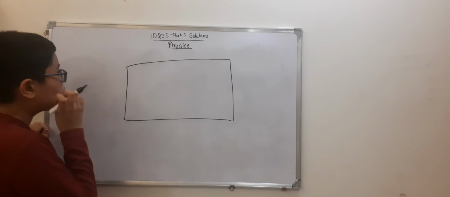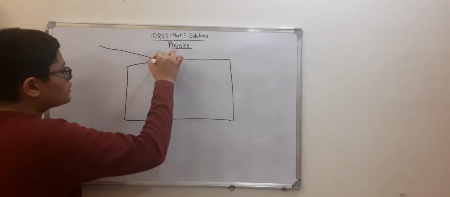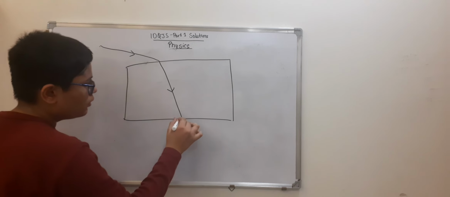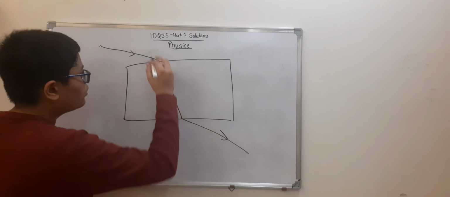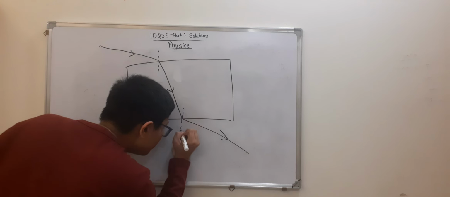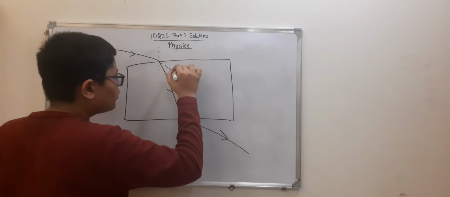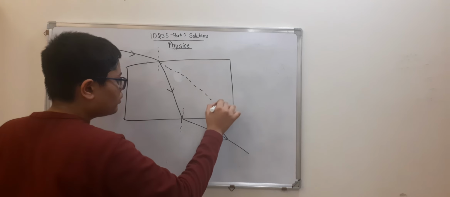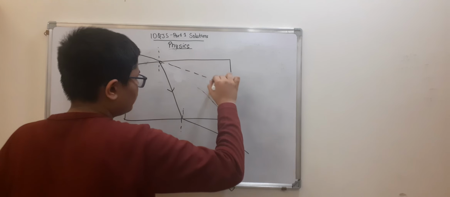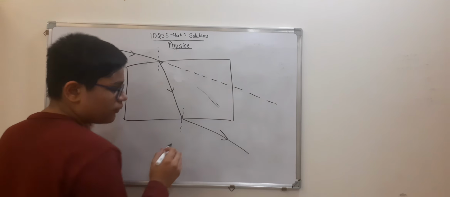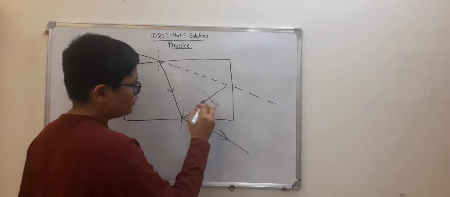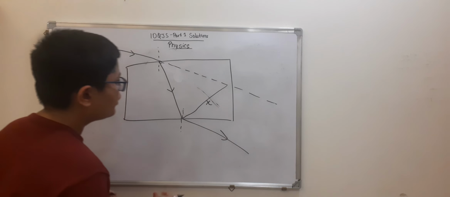Okay, so we have it like this. A ray is coming here. And we are given this as X, the lateral shift.